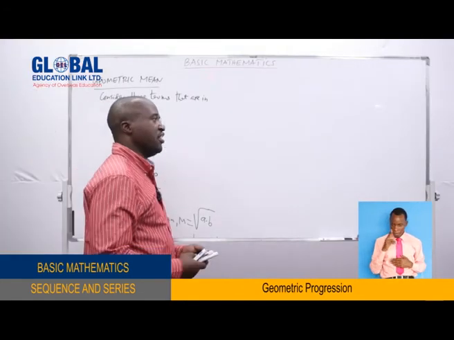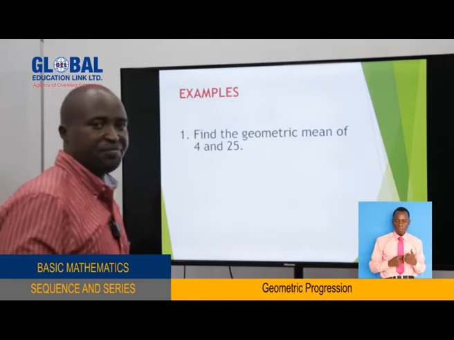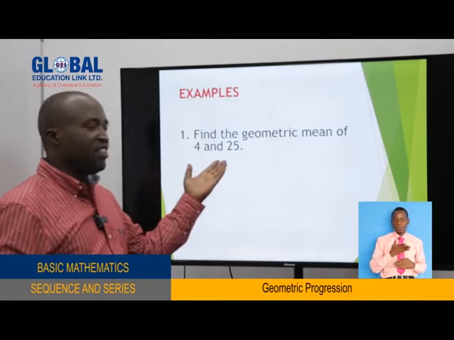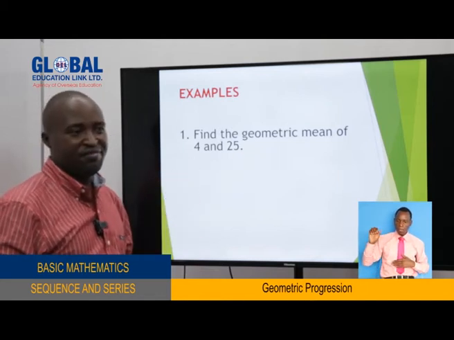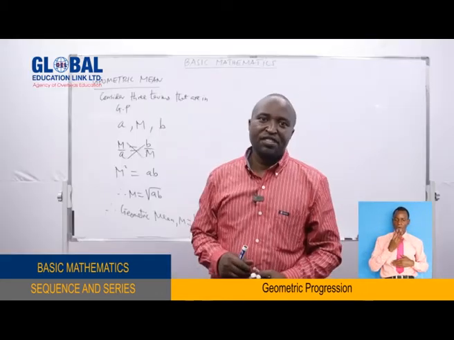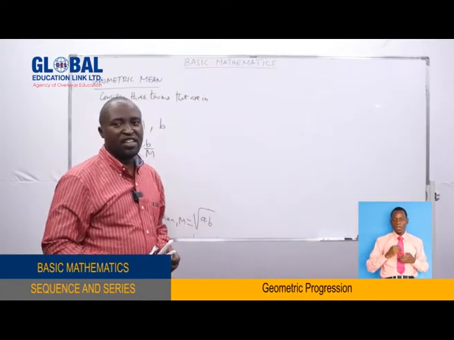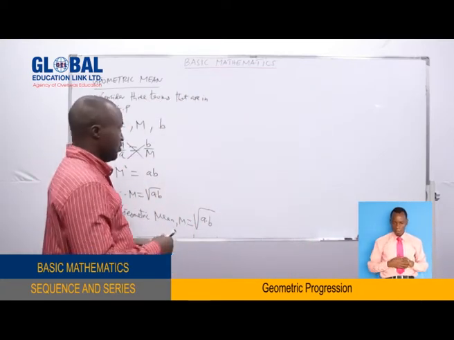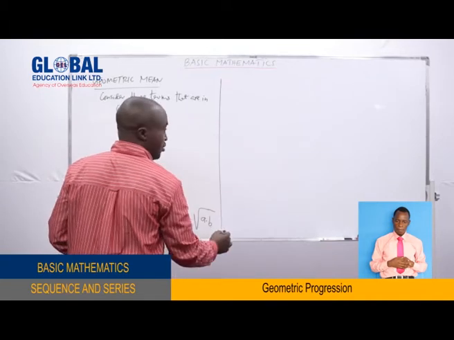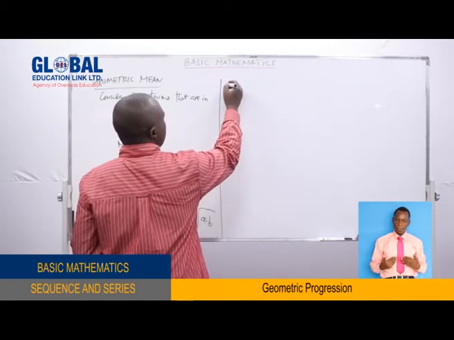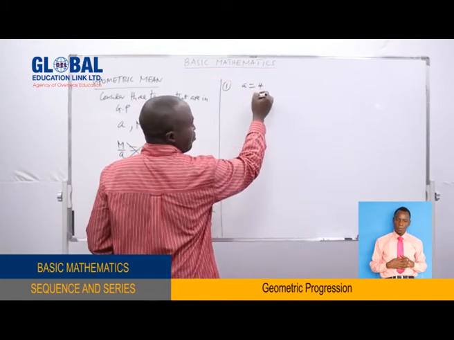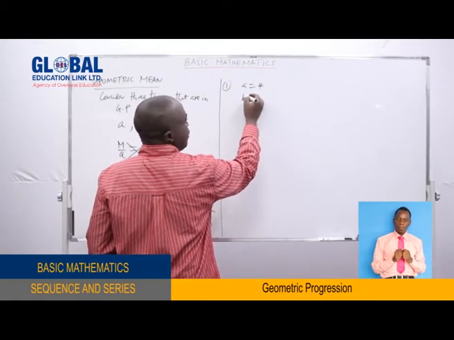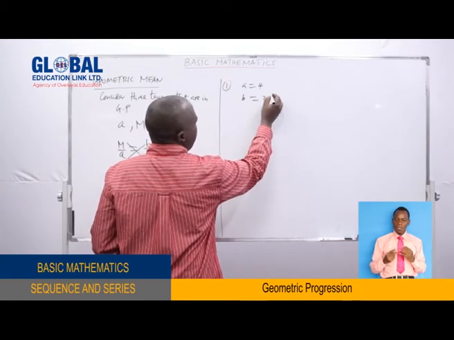So we have the question here: find the geometric mean of 4 and 25. We have two numbers, 4 and 25. So in this case, you can say a is equal to 4, and b is equal to 25.